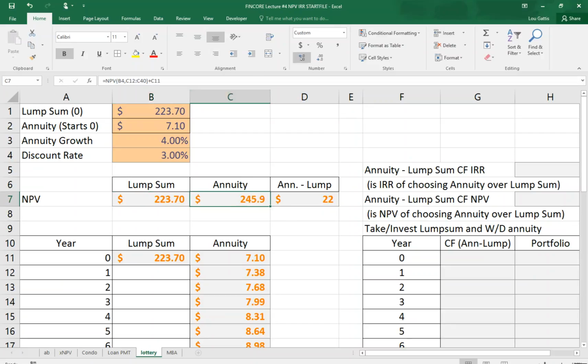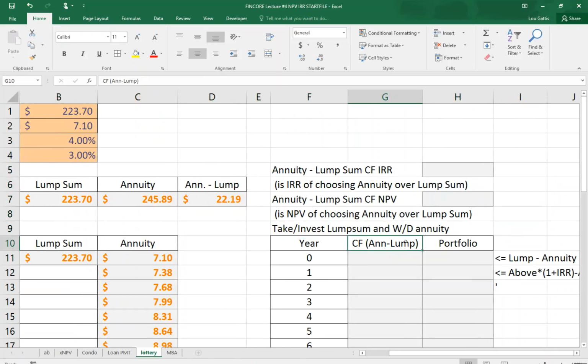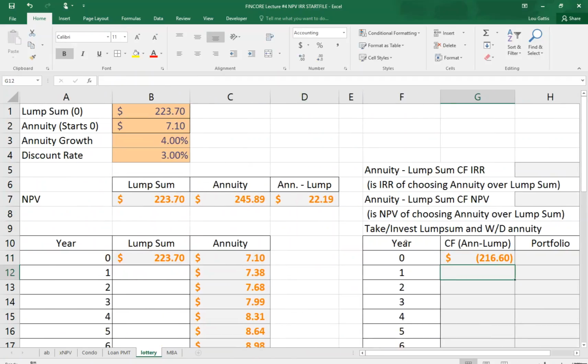Now this example is kind of interesting because it allows me to think about what it really means to have a higher NPV. So let's do this. Let's actually take another cash flow. Let's take a difference. Let's take a cash flow, which is the annuity minus the lump sum.